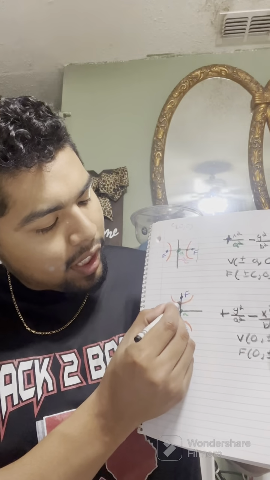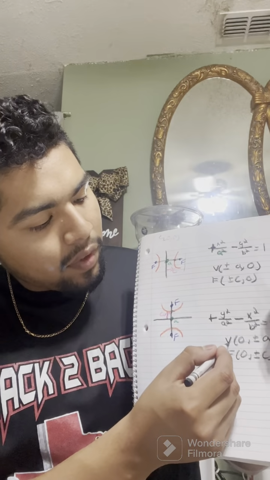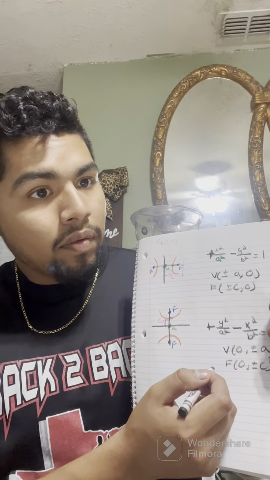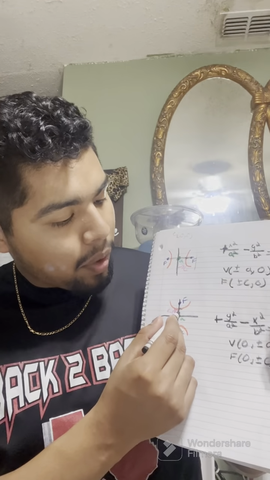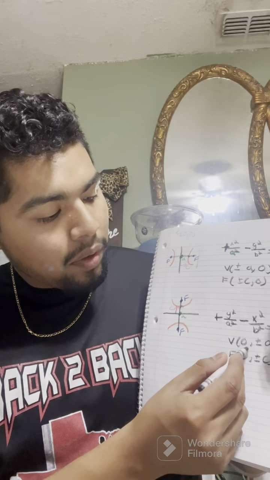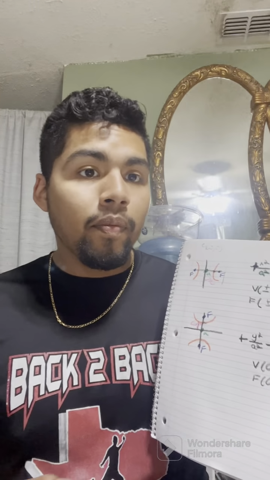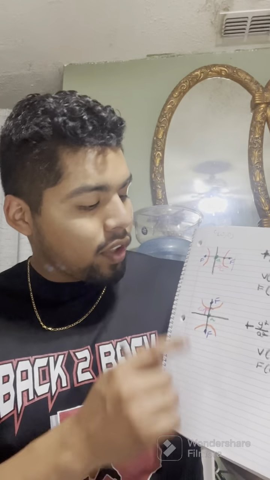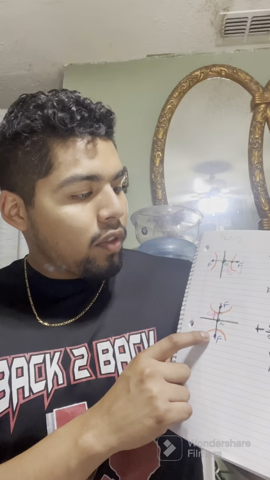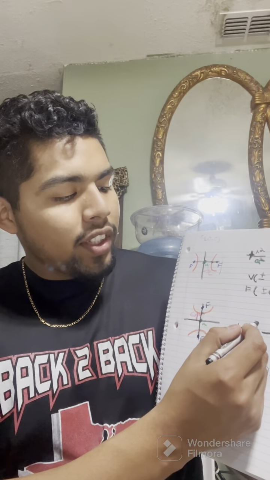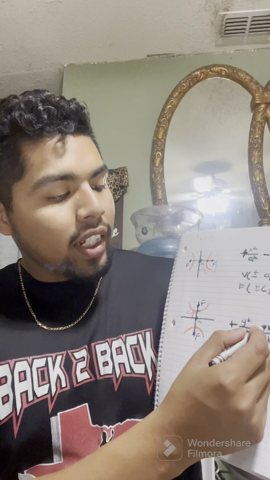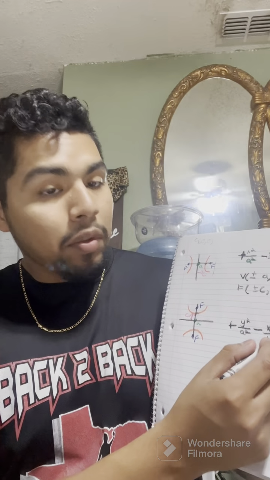So a is the distance from the vertex to the center of the hyperbola. So 0 comma plus or minus a. And then the equation for the vertical one would be y squared over a squared minus x squared over b squared, which equals 1.